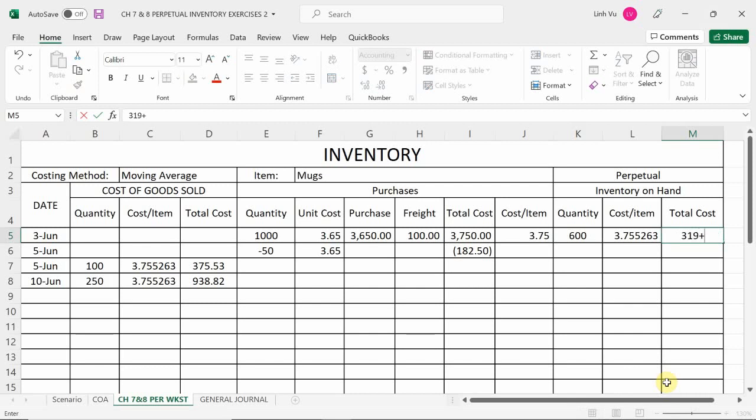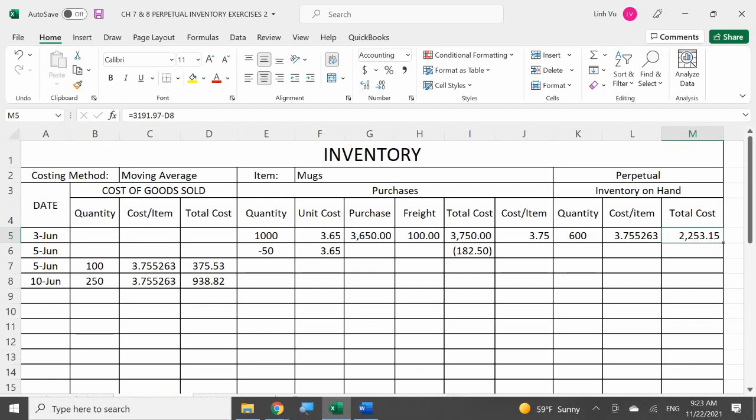So, 3,191.97 minus my 938.82 should give me a total of 2,293.15.